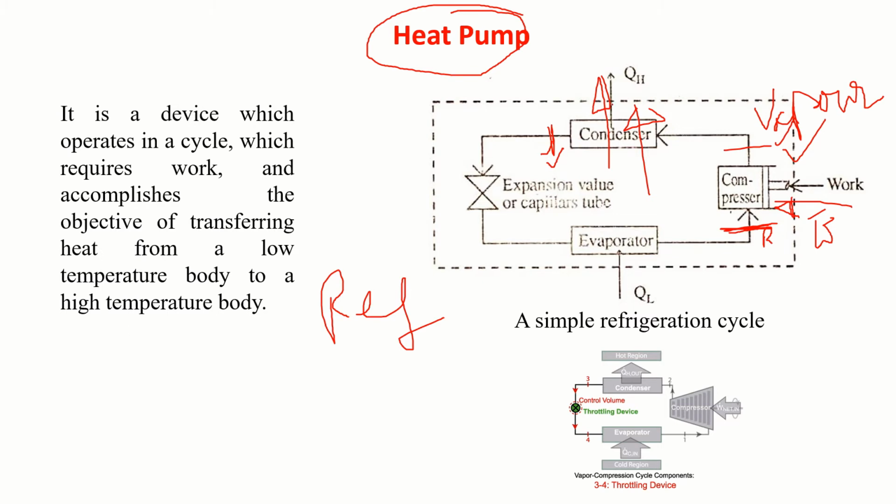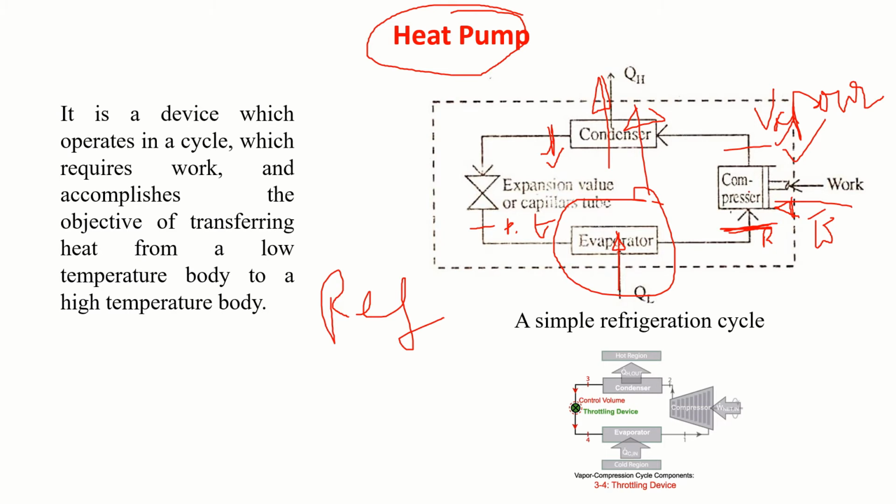I remove the heat here. Again, I throttle this, which I have explained in the previous topic. Because of the throttling, its pressure will be low and its temperature will be low. As it passes through, from the surroundings it will start taking the heat, the refrigerant. Again, it will become partly vapor and partly liquid, and the cycle continues like this.